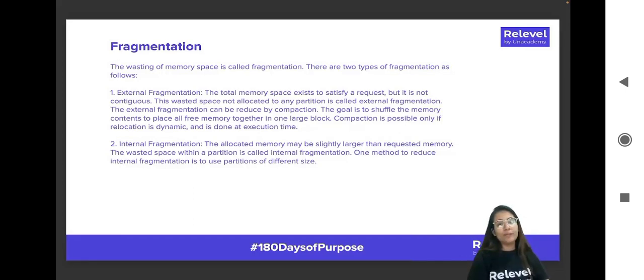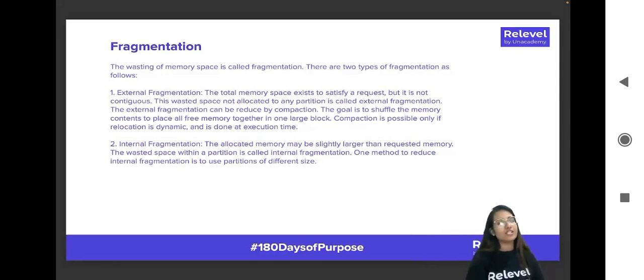It is a problem that occurs when a process is allocated to a memory block whose size is more than the size of the process, due to which some part of the memory gets wasted. Here, the allocated memory may be slightly larger than the memory which was actually requested. The partition size was 100, but you actually needed a space of 80, so 20 MB of space will get wasted.